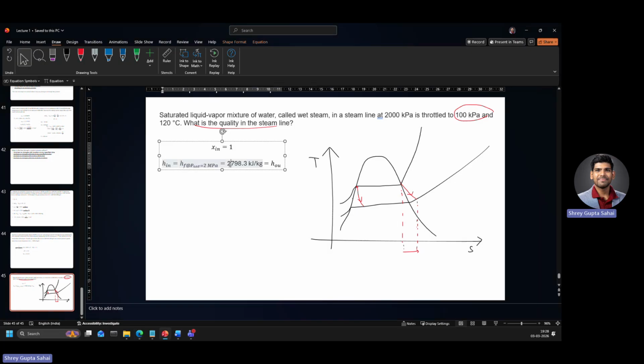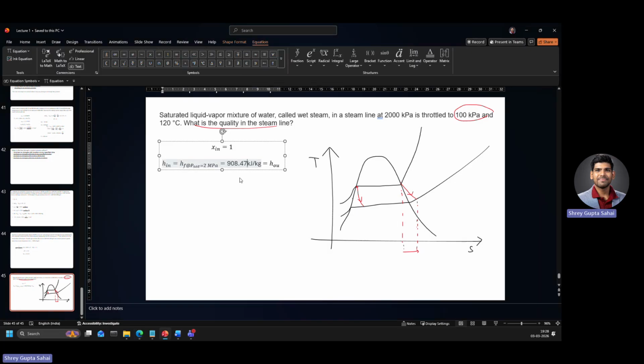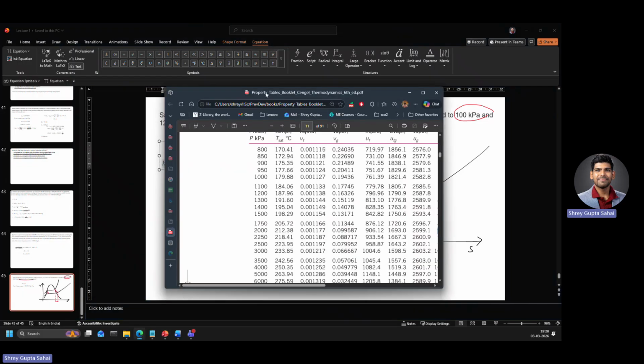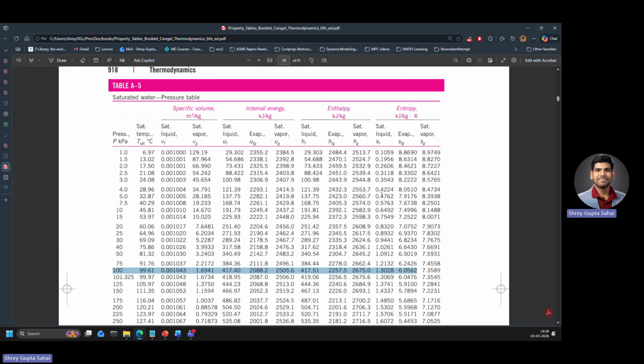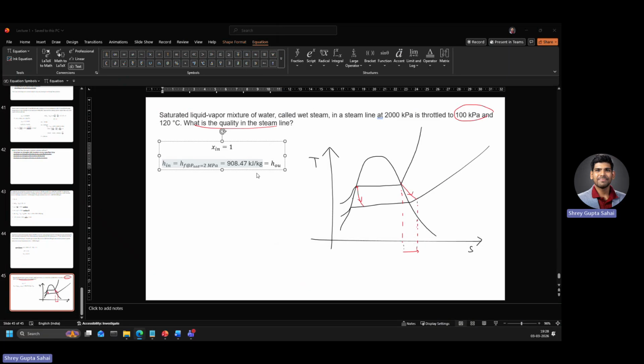Sorry, this should be my enthalpy. And then I use the two-phase table again at 100 kilopascals, which is this one. Now you see here your HF and HG are these two values. From this, you can quickly calculate X.